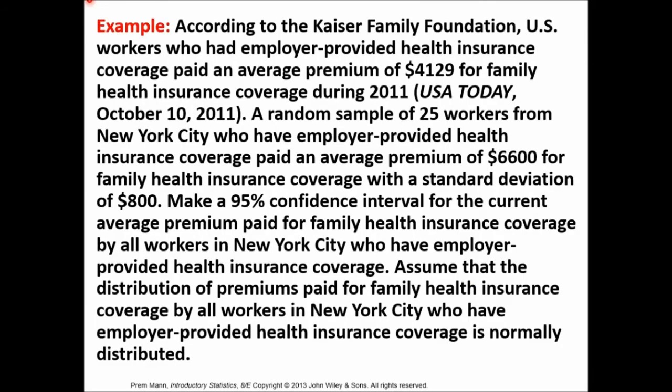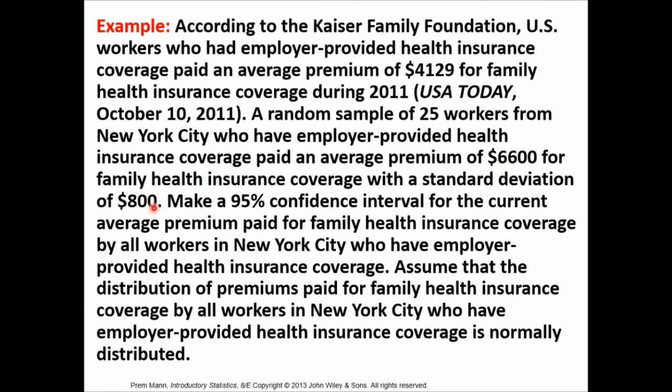According to the Kaiser Family Foundation, US workers who had employer-provided health insurance coverage paid an average premium of $4,129 for family health insurance coverage during 2011. A random sample of 25 workers from New York City who have employer-provided health insurance coverage paid an average premium of $6,600 for family health insurance coverage with a standard deviation of $800.